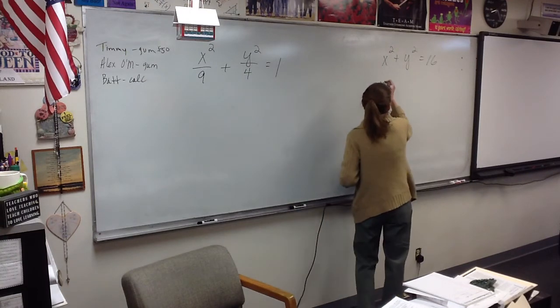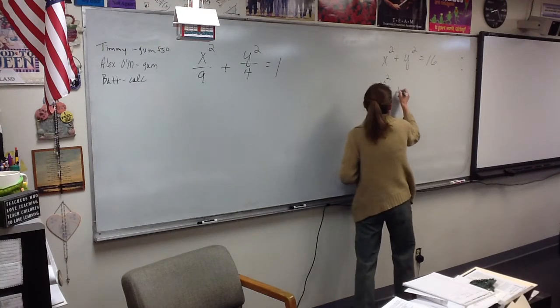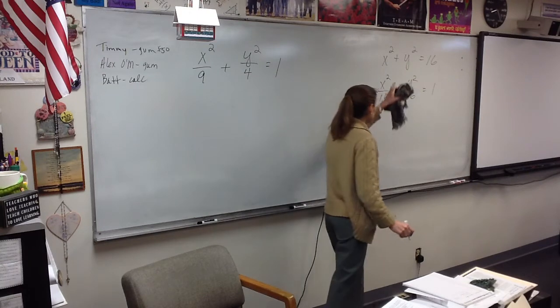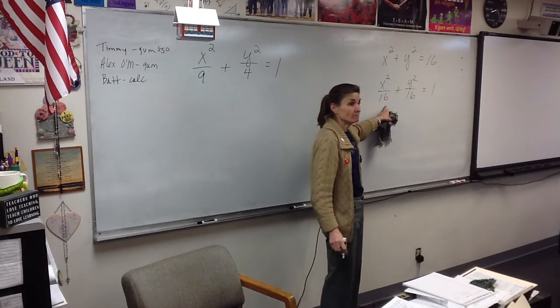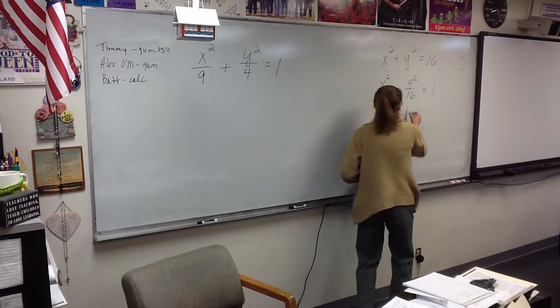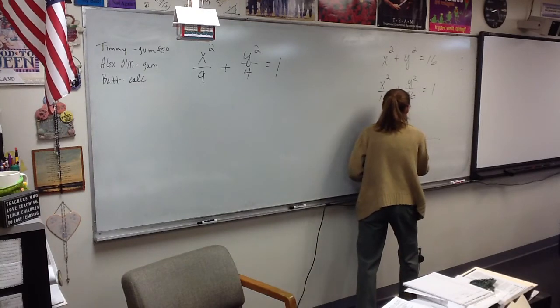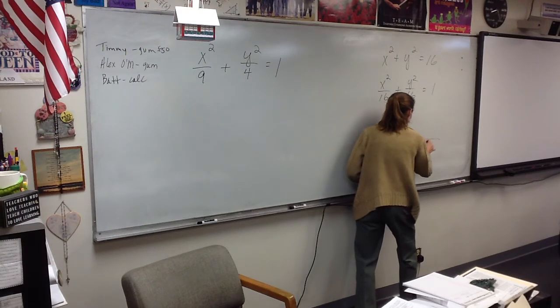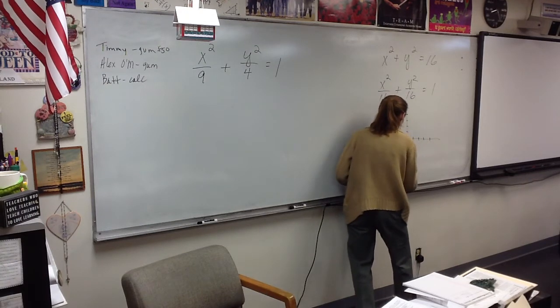That equation, if you wanted to, we never do, but if you wanted to, you could write that equation like this, dividing by 16. And this would still represent a circle centered at the origin with a radius of 4.